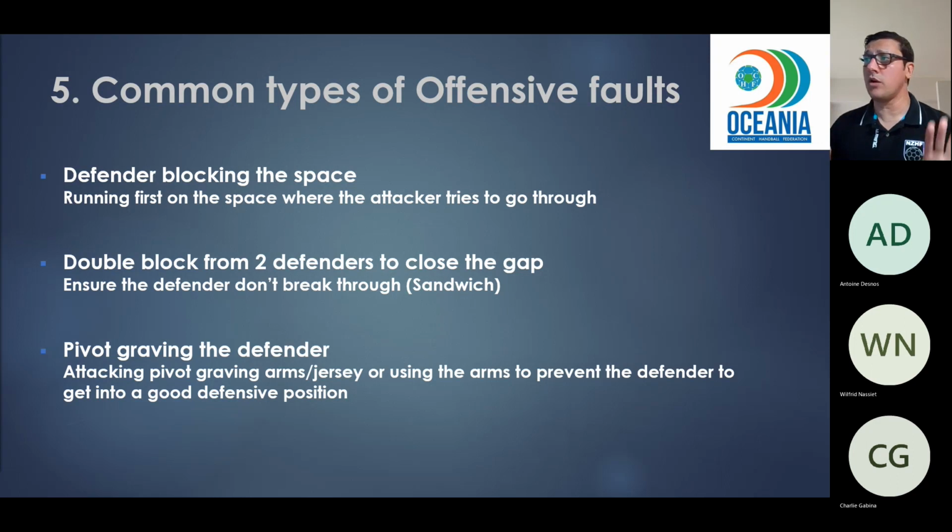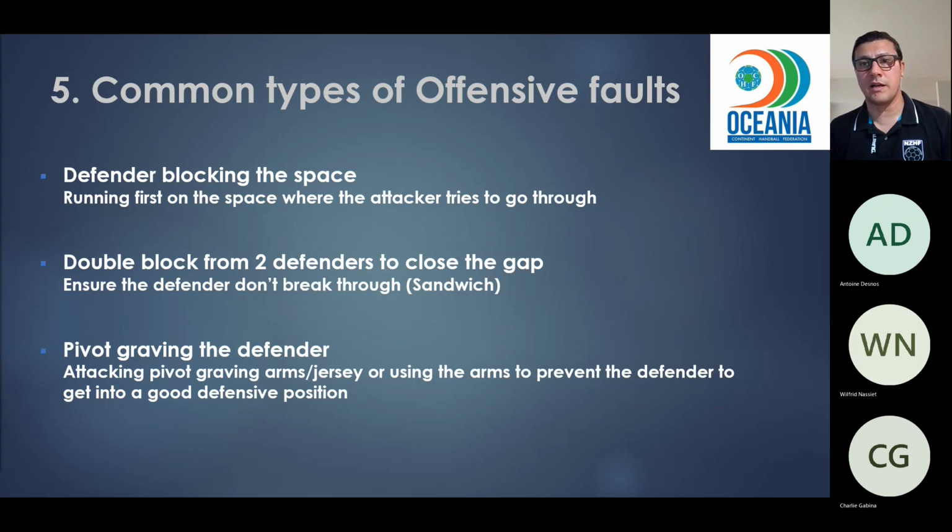The double block from two defenders closes the gap, and the attacker doesn't have enough speed and just runs into the defenders. We need to be sure that the attacker hits the defender's chest, not that he wrecks through, and we have what we call the sandwich: the attacker passes, and the two defenders close the attacker in the middle.